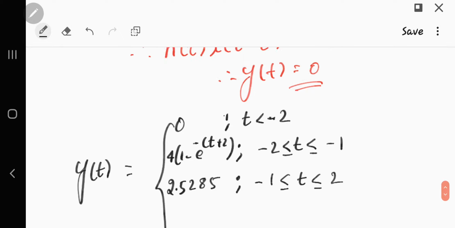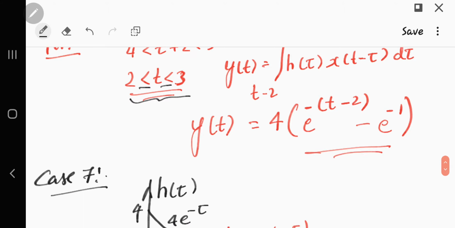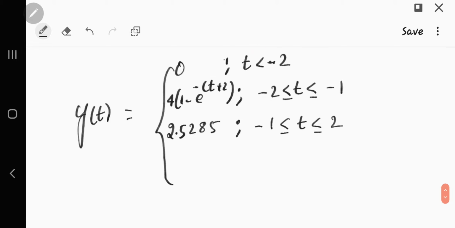And from 2 to 3, we have 4 times e to the power of minus (t minus 2) minus e to the power of minus 1. So this is the value of y of t in this particular duration. So let's write it here: 4 into e to the power of minus (t minus 2) minus e to the power of minus 1.